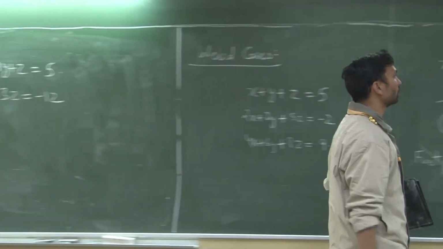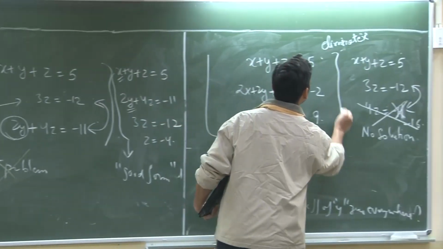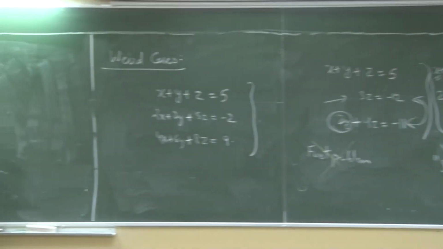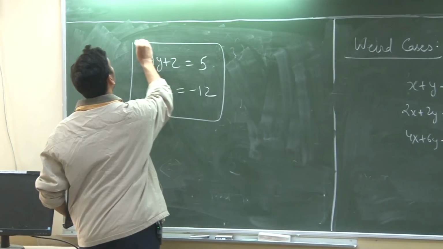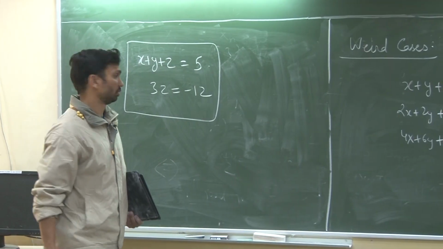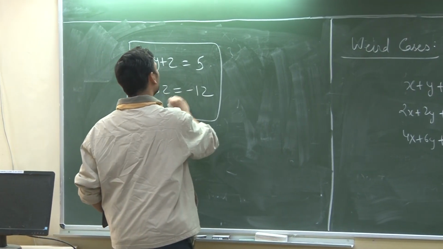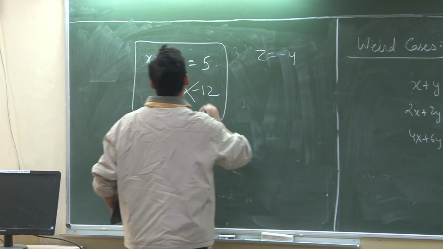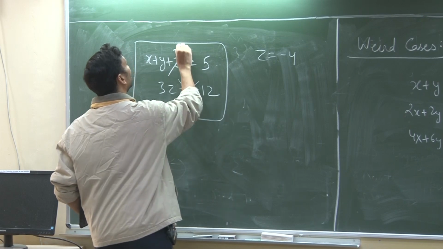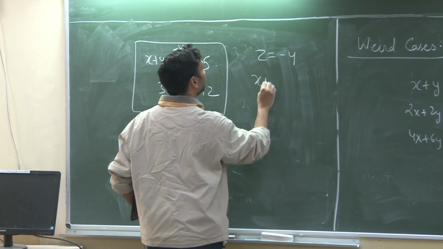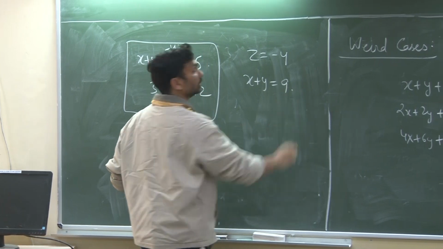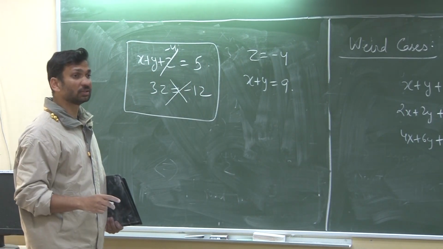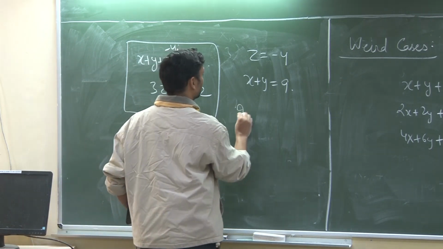I will just say my original set of equations, this box is the same as this box, and now I can even replace this. I know z is minus 4, so I get x plus y equal to 9, right? This is the case when we actually get infinite solutions.